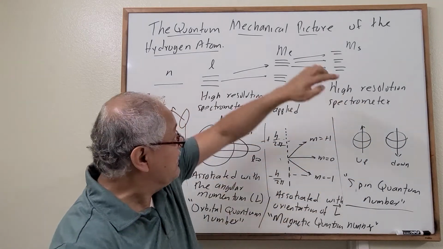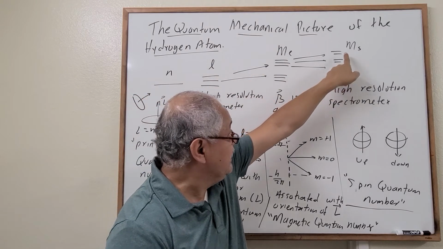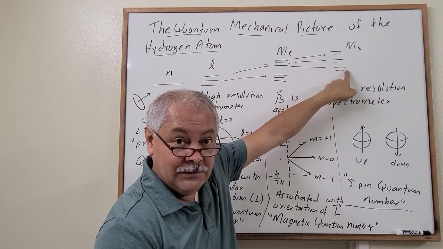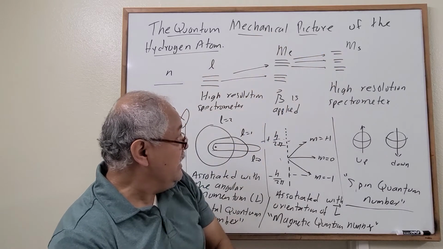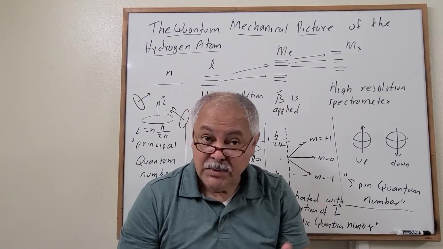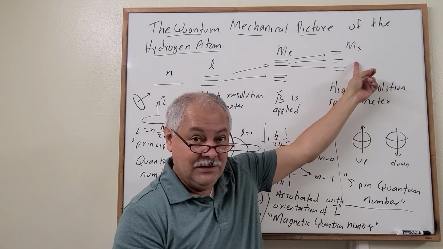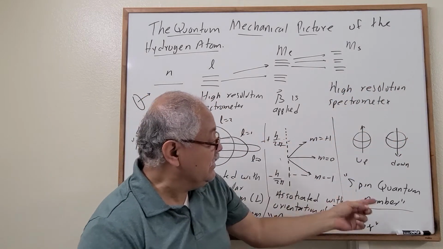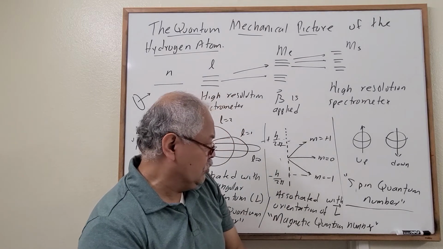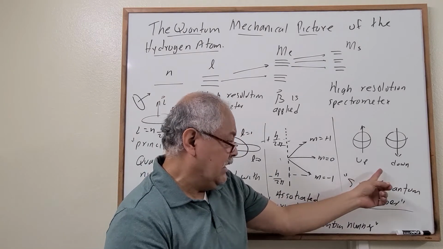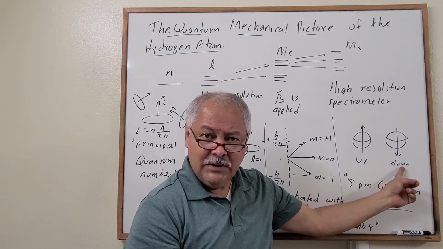And it's found that each line presented 2 lines, right? These 2 lines are in each of these lines, so that means we need another quantum number to represent the new lines. And now this is called the spin quantum number, because it's only two cases, up and down. Let's call it up and down, right?